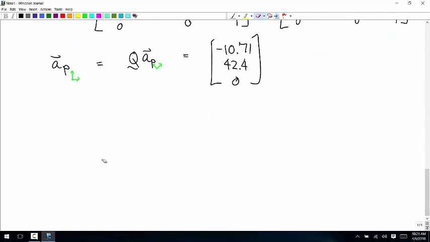And this time I'm not going to draw it out all again, but this time let's put the coordinate system up here.